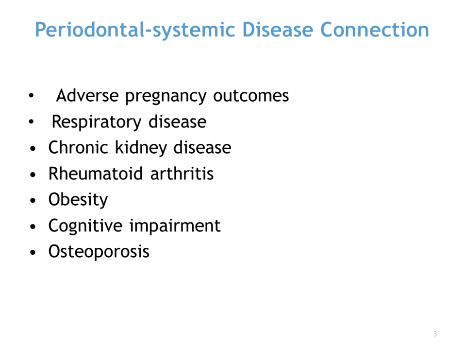That include cardiovascular disease, adverse pregnancy outcomes, respiratory disease, chronic kidney disease, rheumatoid arthritis, obesity, cognitive impairment, osteoporosis. And despite the association, periodontal disease has not been shown to cause systemic disease. But the mechanism for the association still isn't clear. But the infection and or inflammation are common elements of all the diseases and conditions.